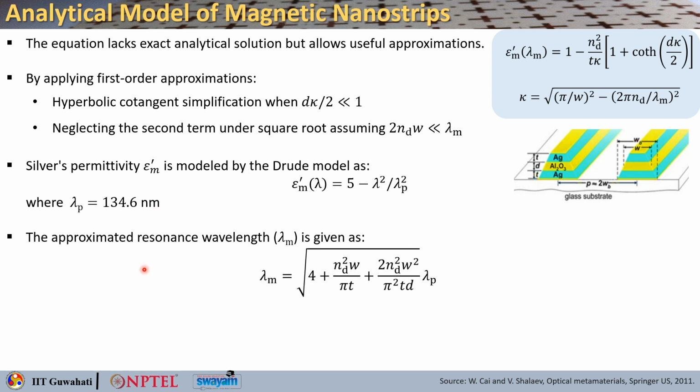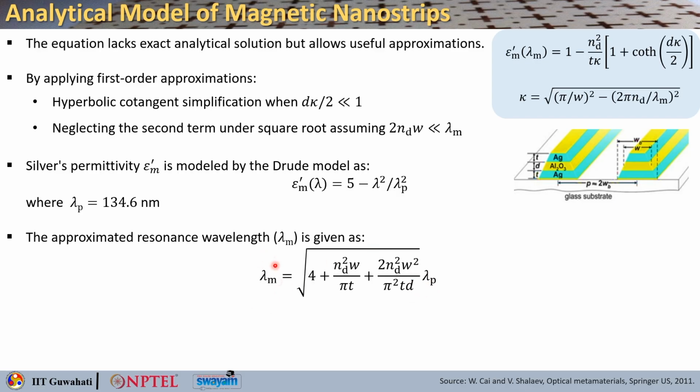Now, in that case, using this kind of simplification, the approximate solution can be written as lambda m, which is square root of 4 plus n d square W divided by pi t plus 2 n d square W square divided by pi square t d, times lambda p.